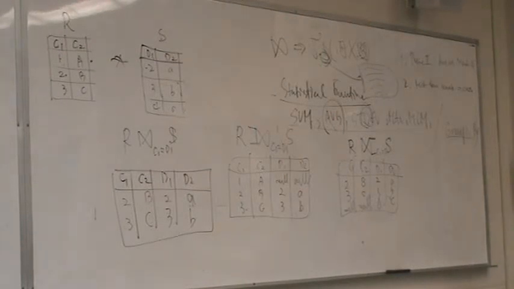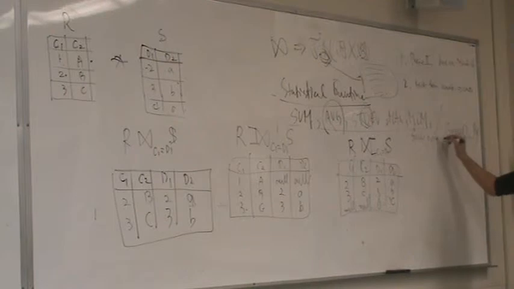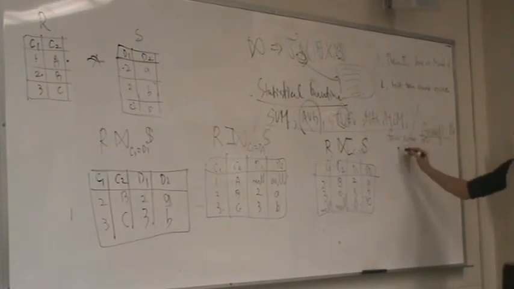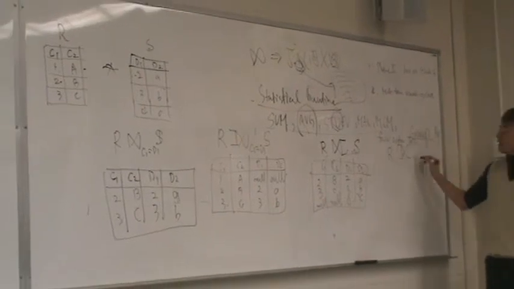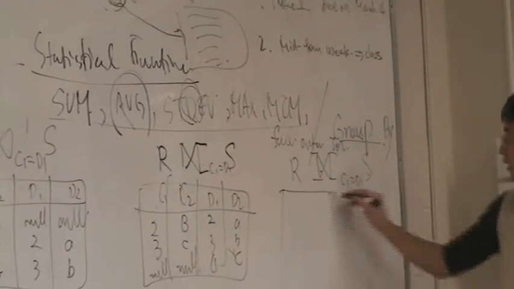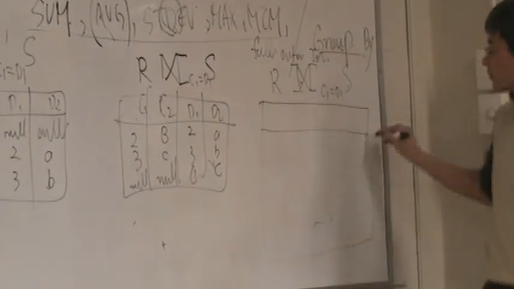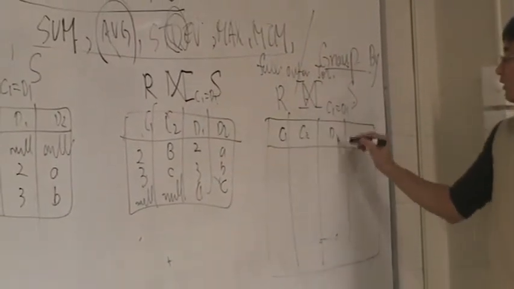What about both outer joins? Left and right. Yes, it's possible. That is called full outer join. Full outer join means R join on both sides, C1, D1, S. We keep C1, C2, D1, D2.